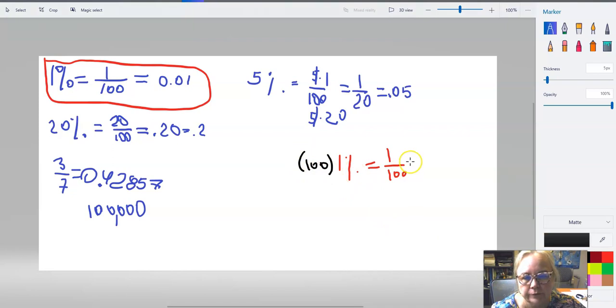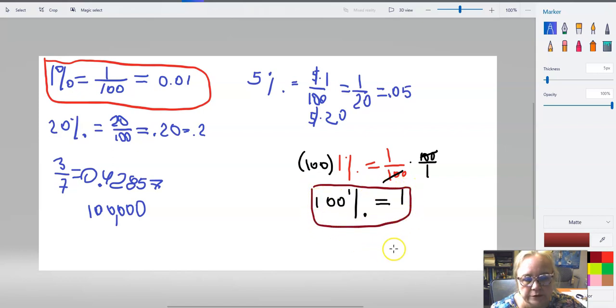So 100 multiplied by 1/100, or 100 over 1, is the same. I cancel here and I have 1 on the right side, and on the left I have 100%. So 100% is 1, as I mentioned earlier at the beginning of the video.